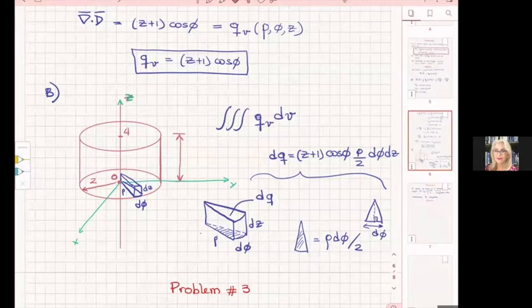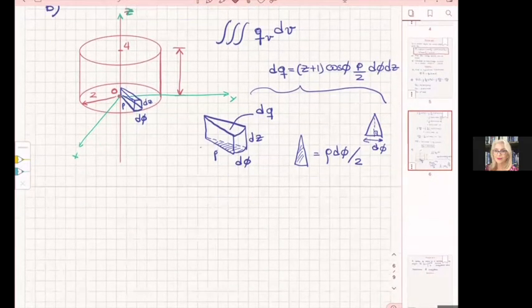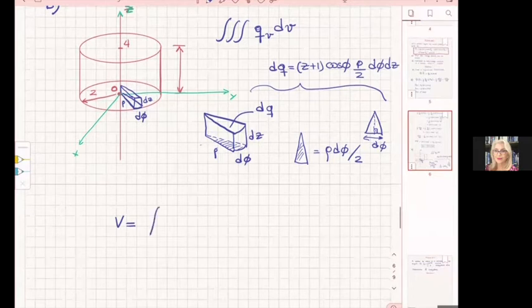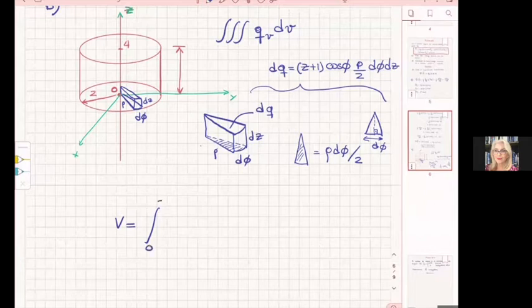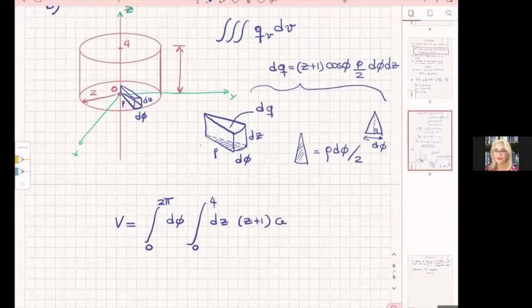Okay, now that I found how much this slice is, to find the total, I will have to integrate from 0 to 2 pi in phi and from 0 to 4 in dz of dq, which is z plus 1 cosine phi rho over 2.